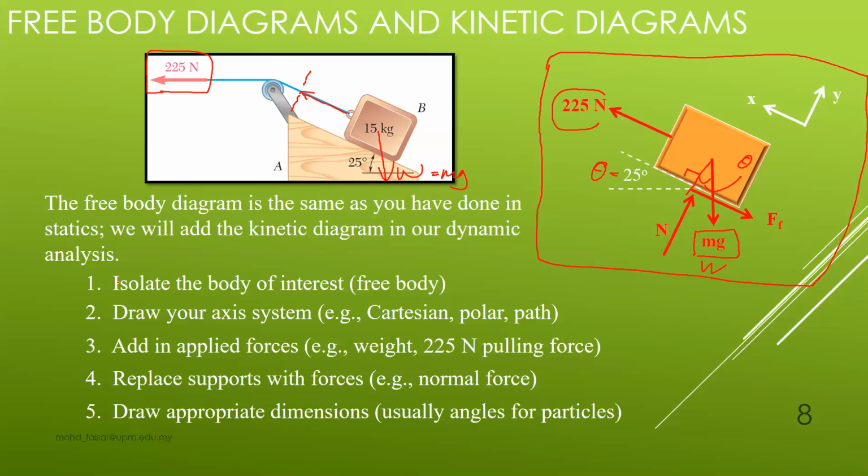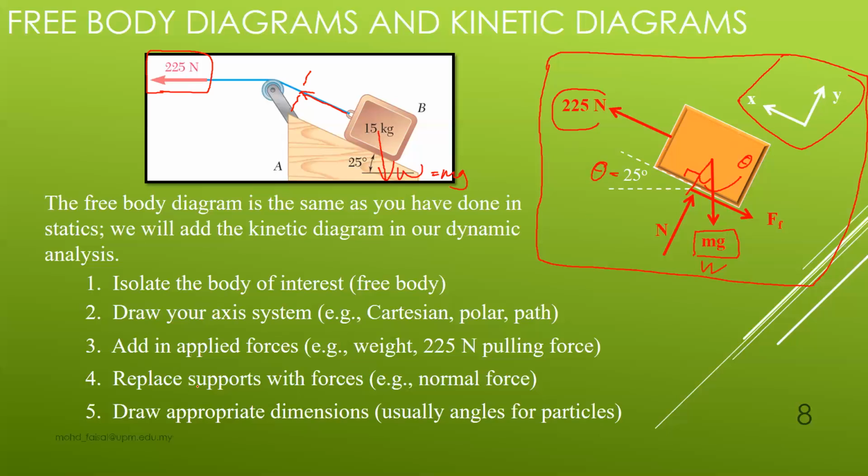This is the step that you can use. The first one, you isolate the body of interest, the free body, just this part at a certain angle, then draw your axis system. Add in applied forces, where the applied force is this one, 225.